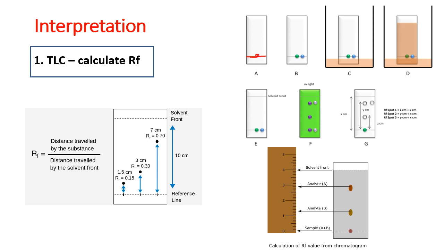So if we did this reaction, for example, 2 times, then I can place 2 spots. If we did it 3 times, then I can do 3 spots. At every spot, I place 1 drop from my reaction.